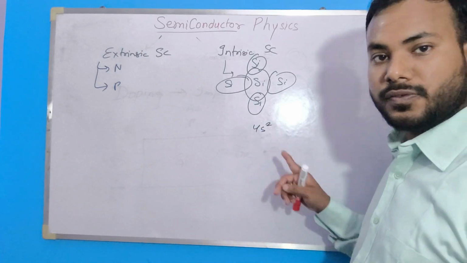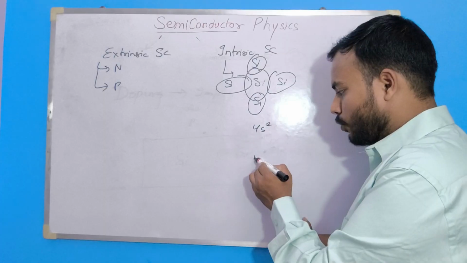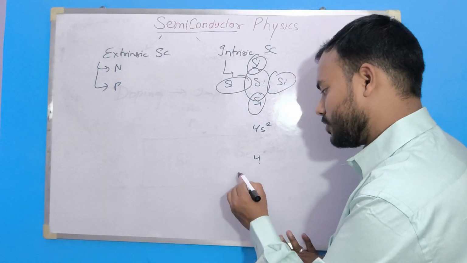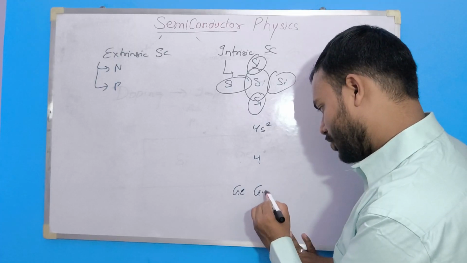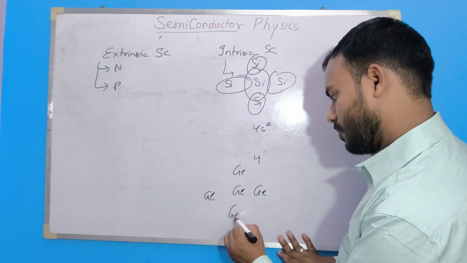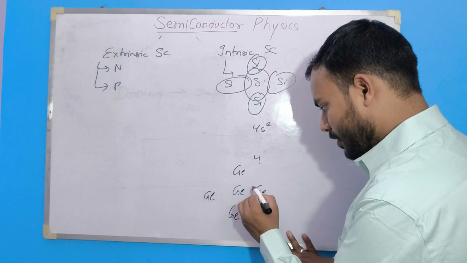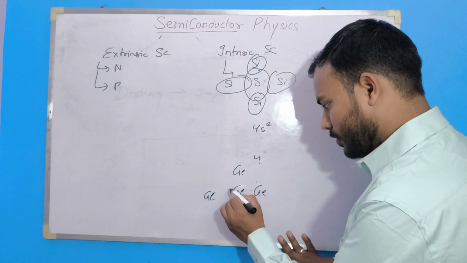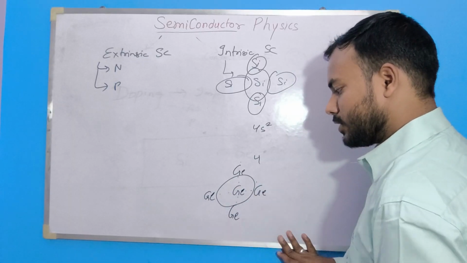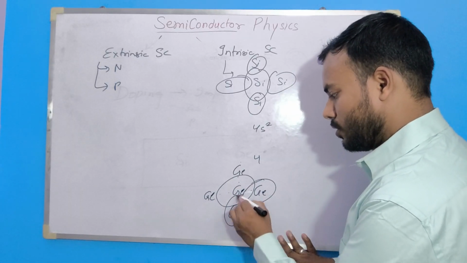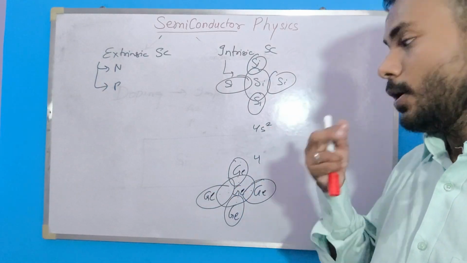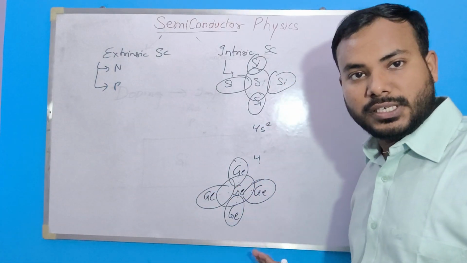So this gives 4 electrons at the outermost shell, and this gives germanium a structure the same as silicon. In this germanium atom, one extra electron is bonded here, one here, one here, one here. So this will complete its outermost shell, and the structure is similar to that. So both are intrinsic semiconductors.